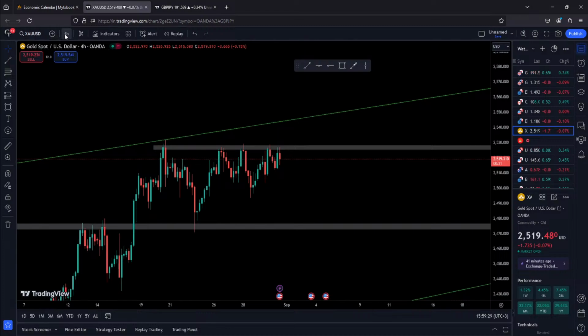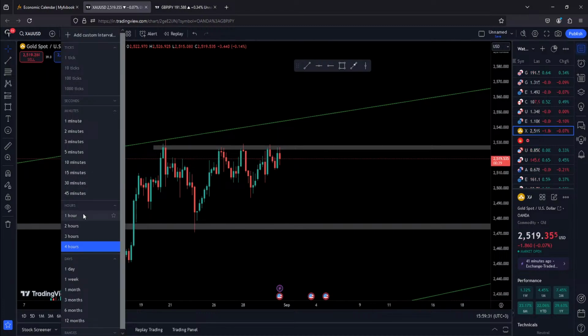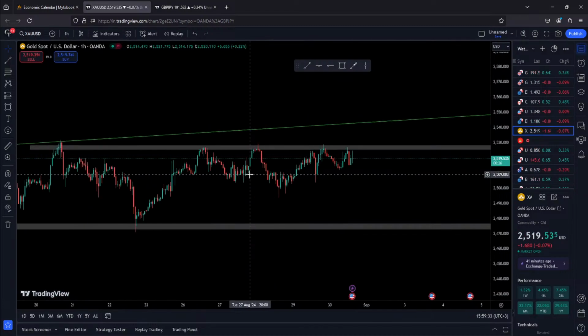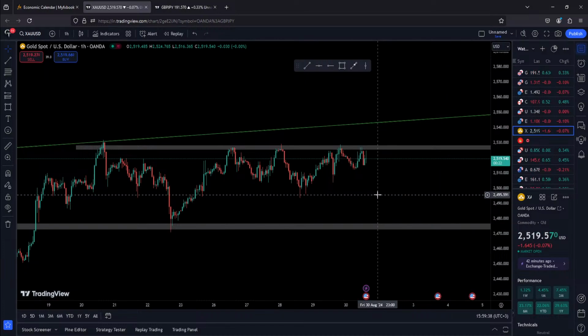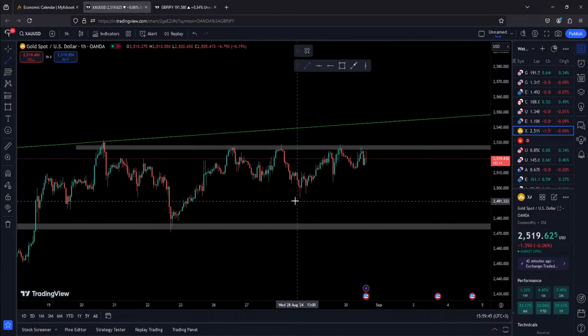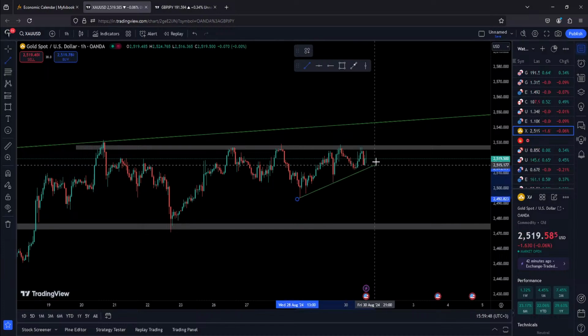And now I'm gonna switch to the 1 hour time frame. So in the 1 hour time frame I'm gonna mark some trend lines, because it's gonna give me a little bit more clarity about the market.